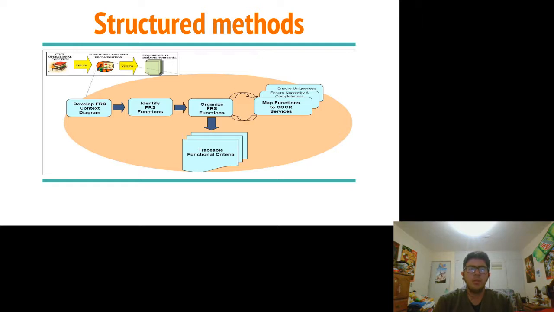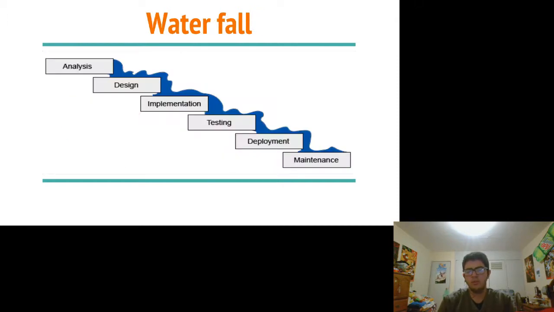To design software, we have methods for the creation process and the structuring process. An example of a method for the creation is the waterfall. The first stage of this method is analysis, and this involves the determination of the exact requirements of the system.